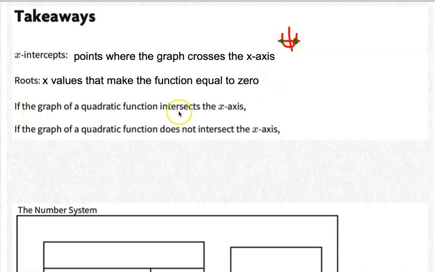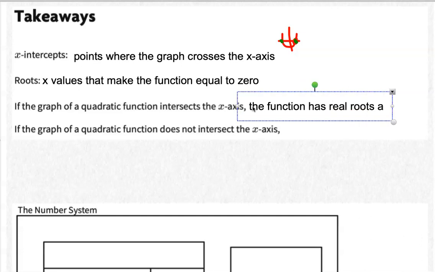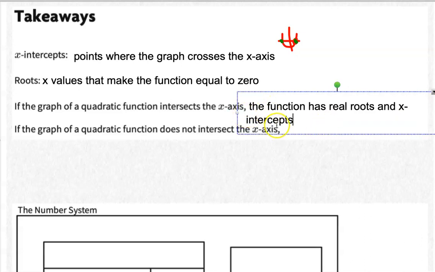Next up, if the graph of a quadratic function intersects the x-axis, so goes through the x-axis, we say the function has real roots and x-intercepts. All right, meaning it actually touches.